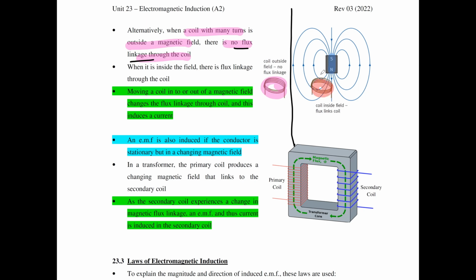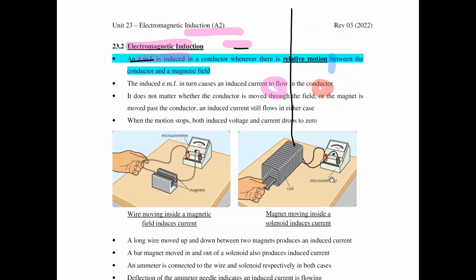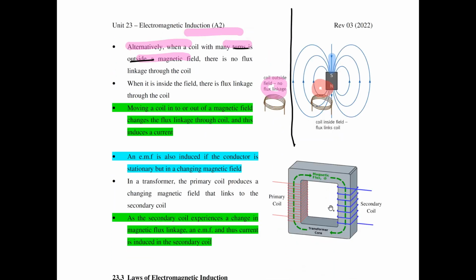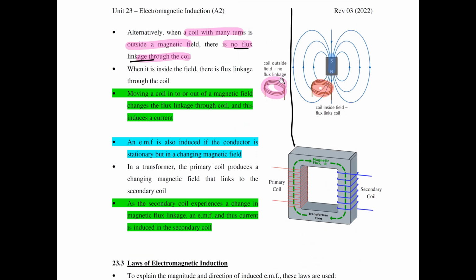This is akin to bringing your magnet into the solenoid, like the second example diagram over here. When you bring your magnet close to the solenoid, the magnetic flux from your magnet will pass through your solenoid. This gives you flux linkage because the magnetic flux passes through multiple areas inside your coil. So there is flux linkage through the coil once the solenoid is inside the magnetic field of the magnet.